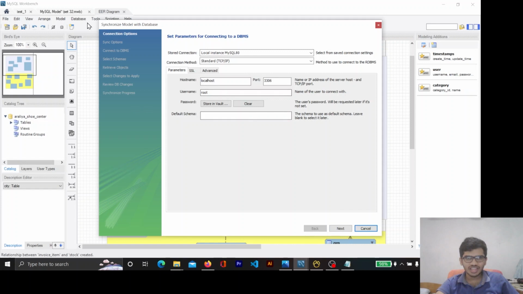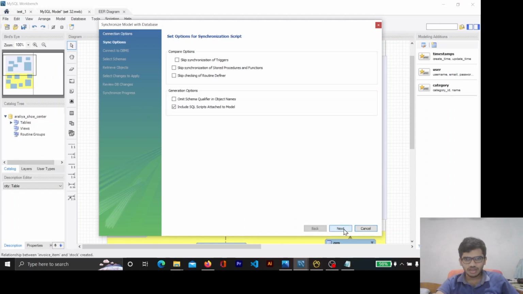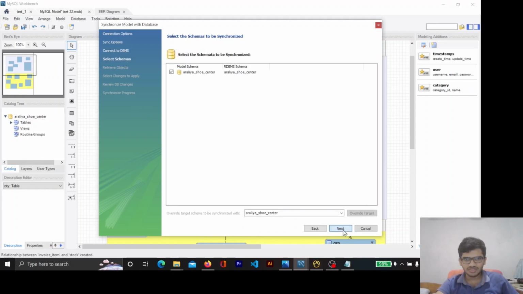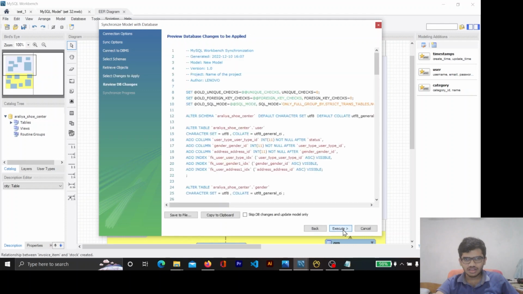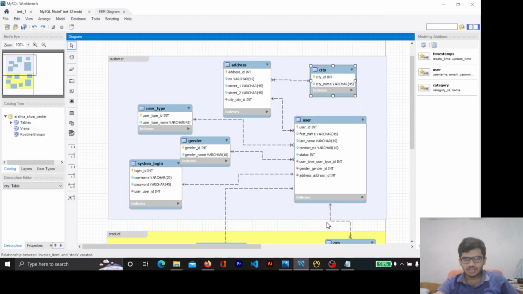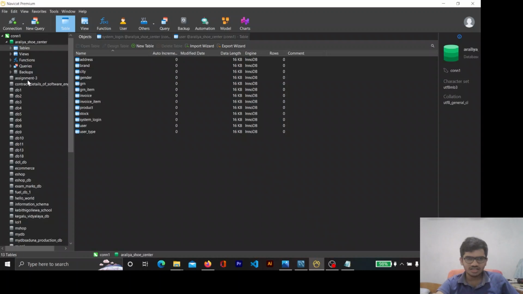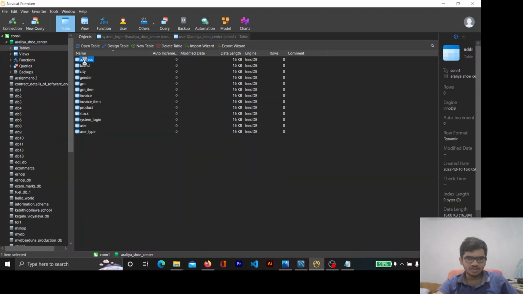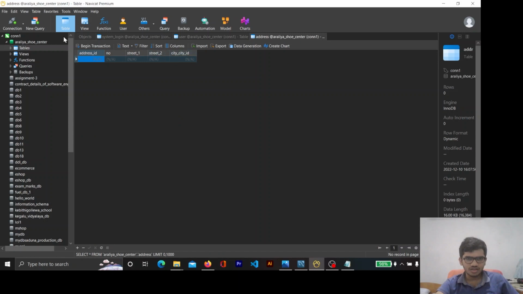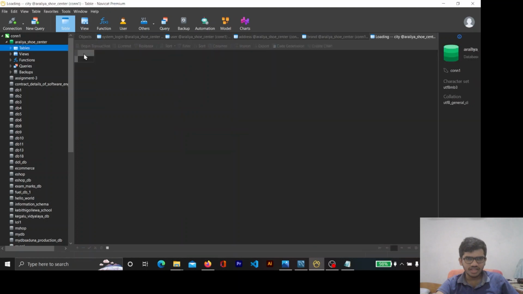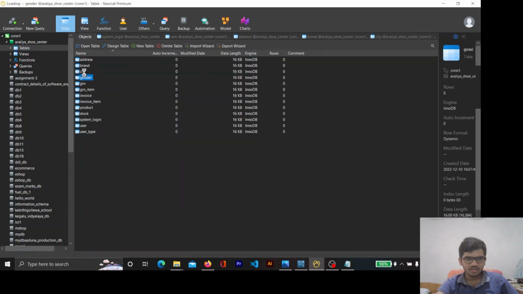If you are doing this for the first time, select forward engineer and click next. Don't change any of these, and if all is set, you get a nice database with relationships. The relationships are logical, so you can see the foreign keys created from each table.